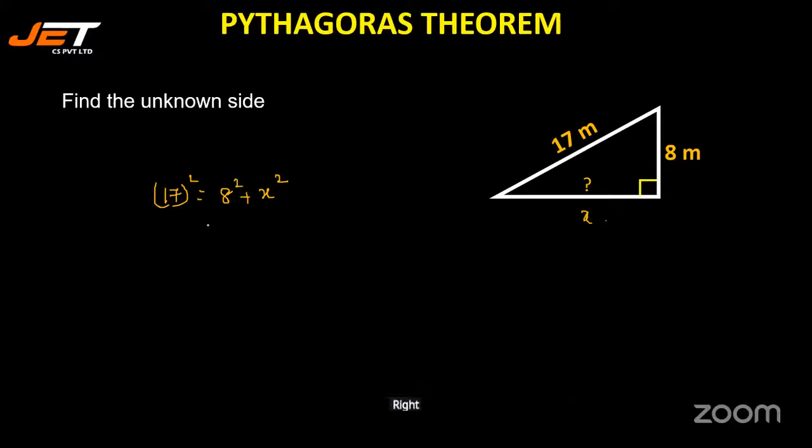Right? So 17 into 17 will give us 289. So 289 is equal to 8 8s are 64 plus x square, which gives 225 is equal to x square.